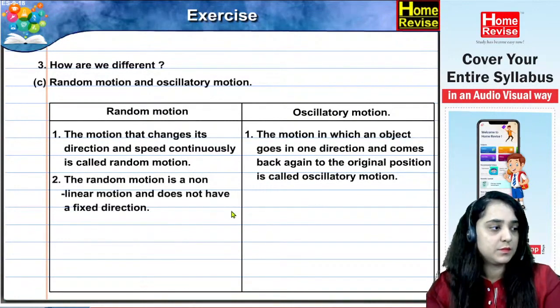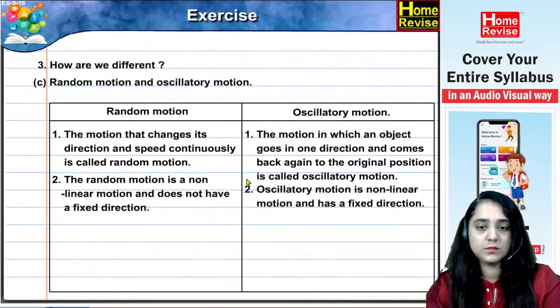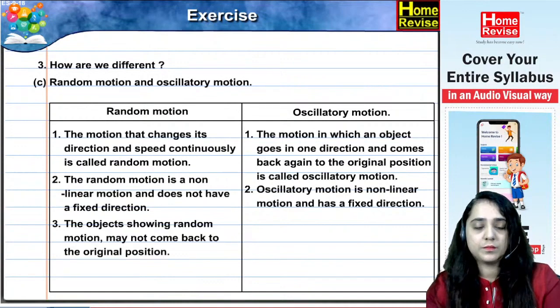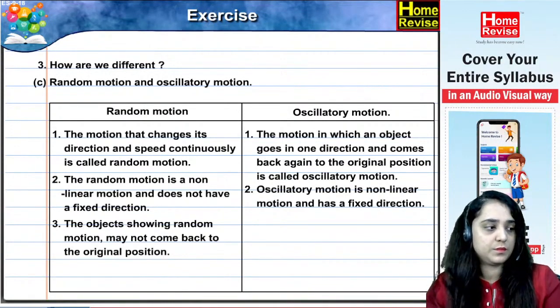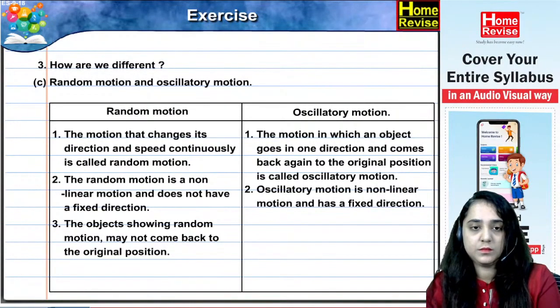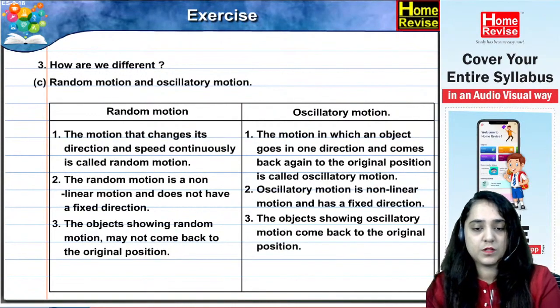The random motion is a non-linear motion and does not have a fixed direction, whereas oscillatory motion is non-linear motion and has a fixed direction. Point number three. The objects showing random motion may not come back to the original position. But objects showing oscillatory motion come back to the original position.